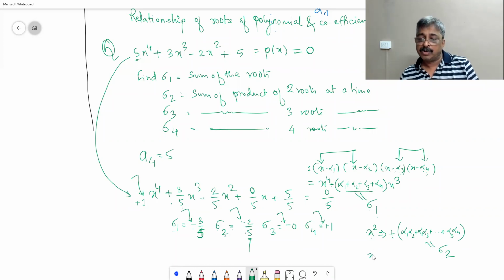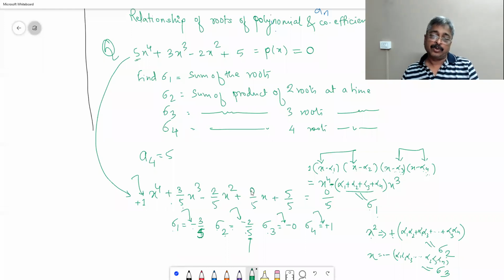Similarly, the coefficient of x is actually 0. But what we get here is minus, inside the bracket, alpha 1 alpha 2 alpha 3 plus dot dot dot plus alpha 2 alpha 3 alpha 4. We call this sigma 3. Therefore, sigma 3 is equal to minus 0.